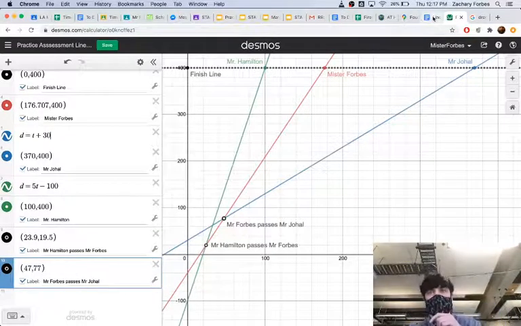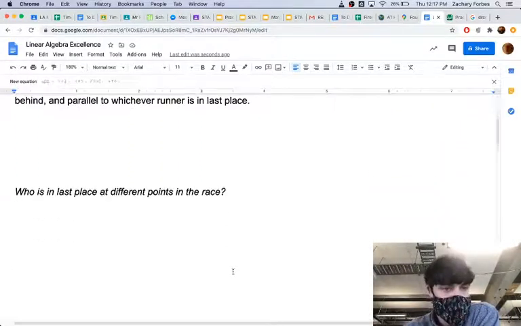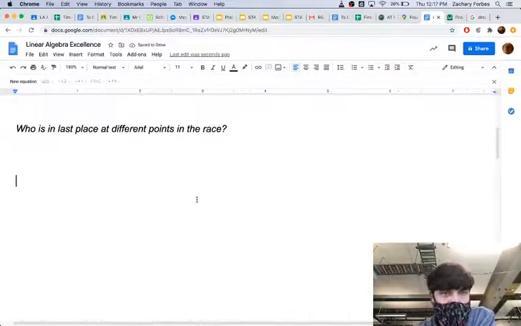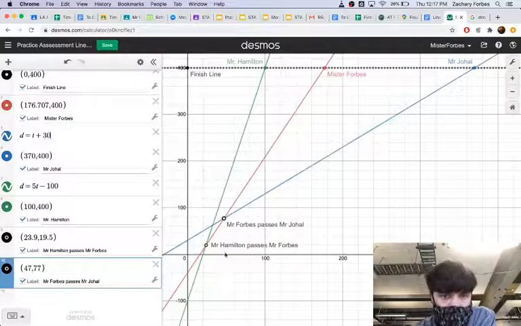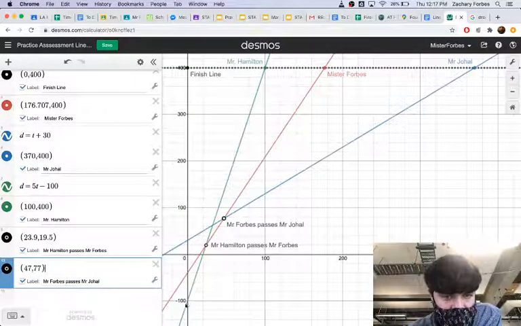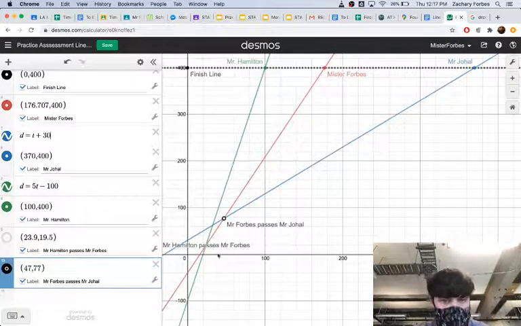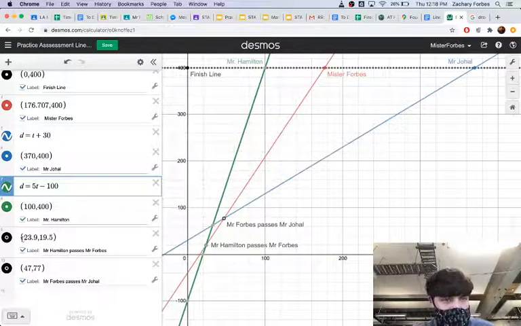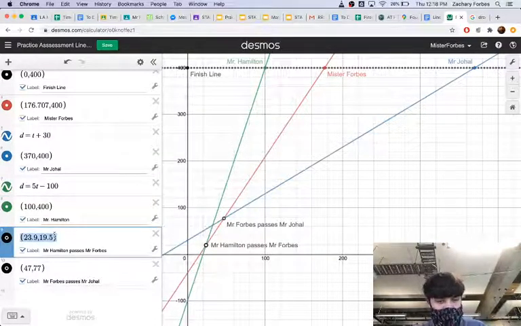So let's just go through this slowly. First thing I want to do, who is in last place at different points in the race? So let's have a look. Mr. Hamilton is in last place from right at the start, up until this point here. So what is this point? You can find that point by clicking on this coordinate, but I've already labeled them. So here it is, 23.9 and 19.5.